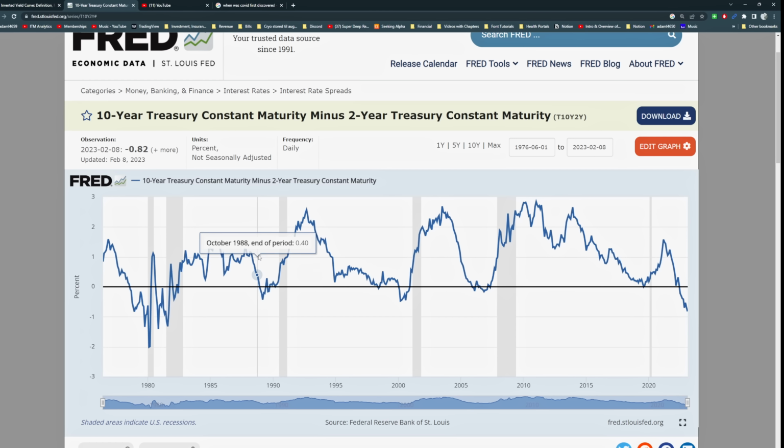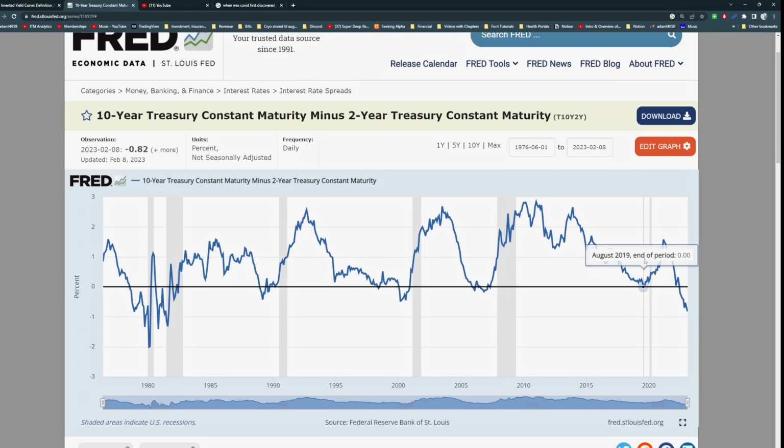January 1989, June 1990, so a year and a half or so. It inverts at February 2000, and then the dot-com bubble is March 2001, so about another year and a half. Here it inverts at January 2006, and then we have a recession in 2008, another couple of years.